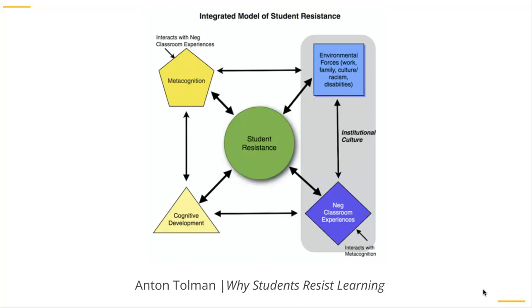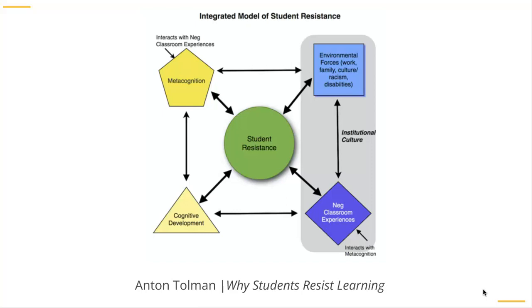As you can see, the ones on the right are a part of that institutional culture, which may or may not be our institution, right? Because our students bring with them the experiences they've had in other institutions. But all of these factors together, my big takeaway from this is that it's complicated, and only maybe one-fifth of this diagram is within the student.